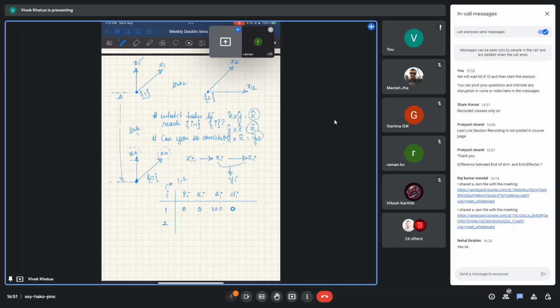Now we again ask the question, what does it take to go from 1 to 2? Here is the trick for that question.